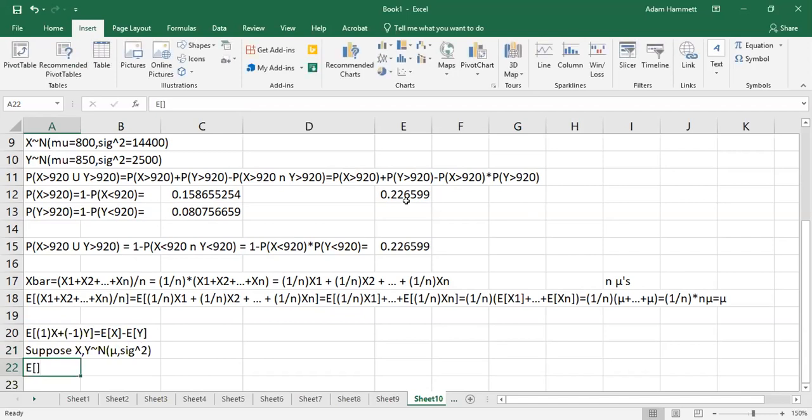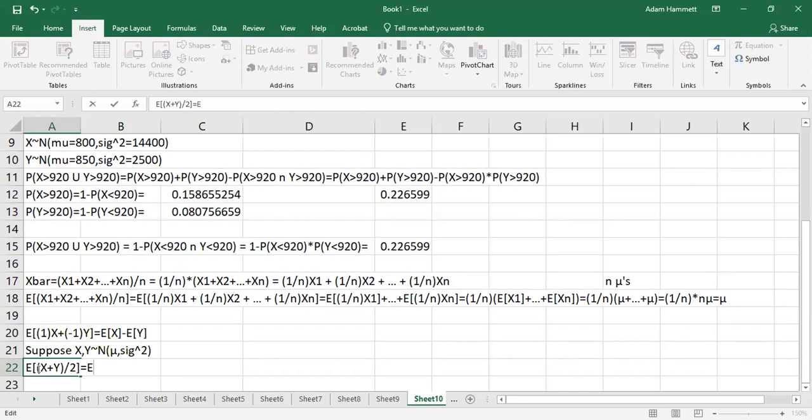What we're doing in the central limit theorem is not x times 1 plus y times -1. What we're doing in the central limit theorem is something different. We're saying take x plus y and divide it by 2. What is that?